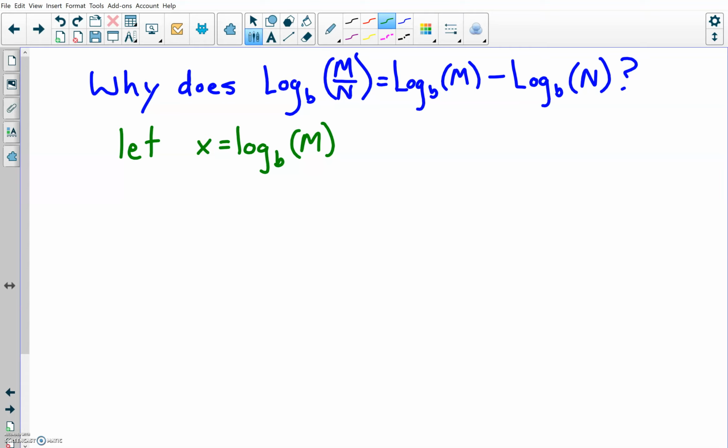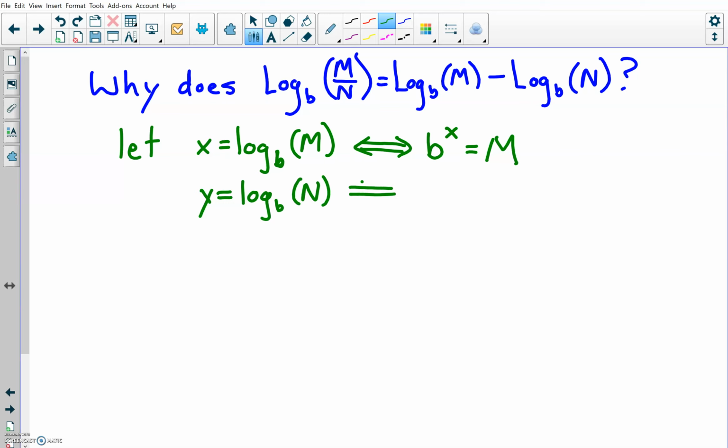And more importantly, it's the power needed to get that base, in this case b, to be equal to the argument, which is m. So knowing that the log equals the power, I'm going to have that base raised to the x power equal to m when I convert it over to exponential form. And I'm also going to bring this in using the same idea. I'm going to let y equal the log base b of n, and by definition that means that b to the y power will equal n.